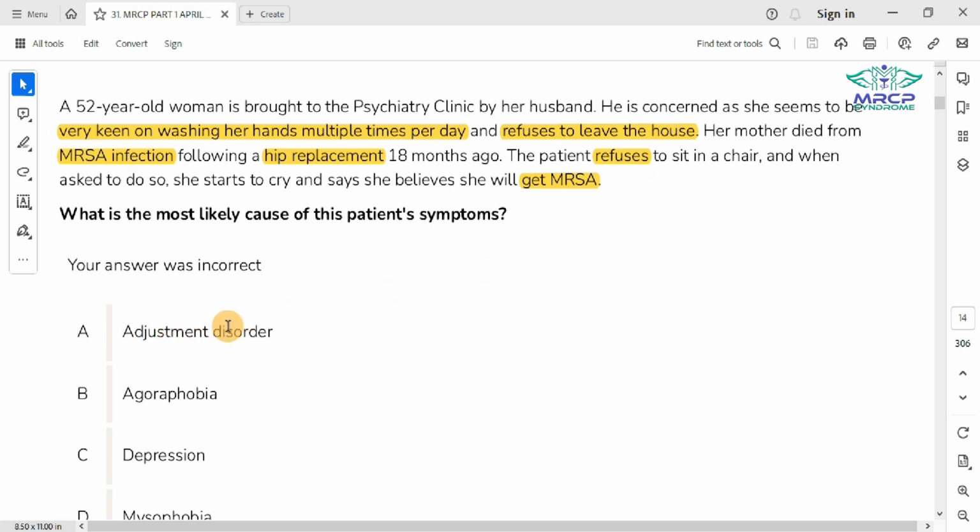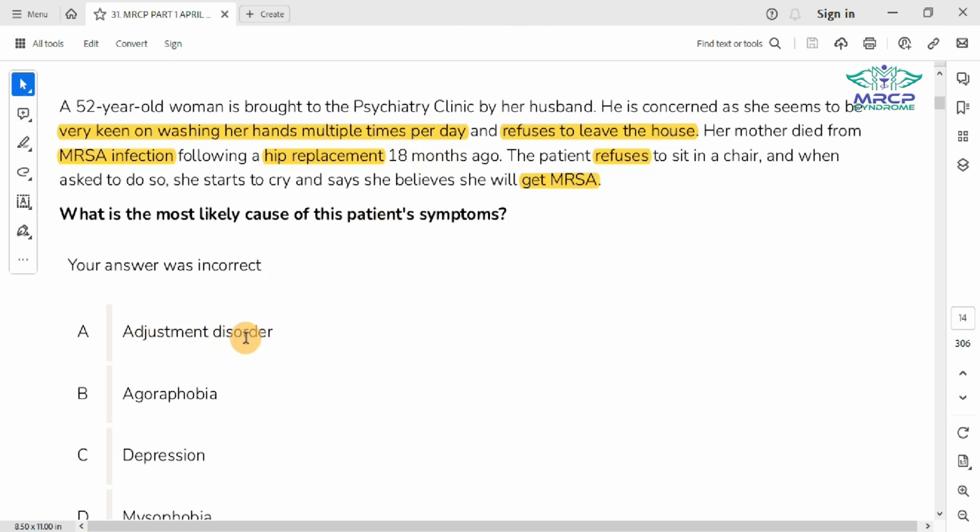Regarding adjustment disorder, this is an impaired adaptive response to a psychological stressor. These patients usually come with emotional or behavioral responses to a significant life stressor, and this exclusively occurs within 3 months of onset of the stressor. But in this case, the incident occurred 18 months ago.